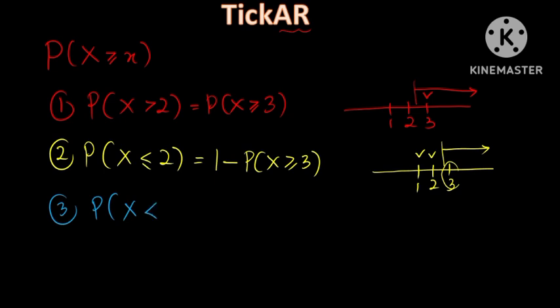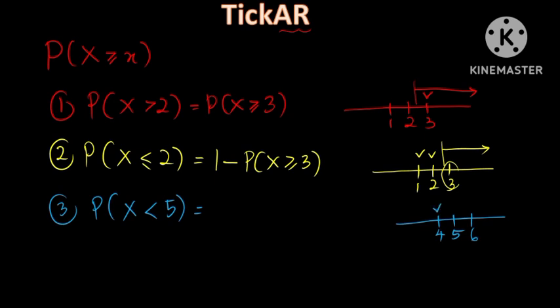So let's see question number 3, probability of x less than 5. So we don't have the equal part. As usual, draw the number line, and now we have number 5. Before 5 is 4 and after 5 is 6. So what number is included for x less than 5? It's 4.